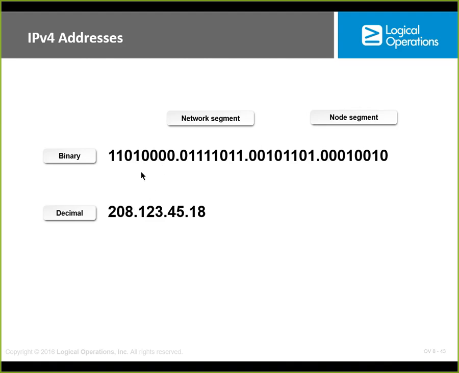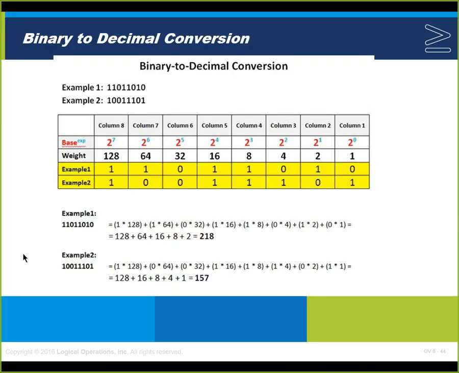Each of these numbers is going to have 8 binary bits in it. The way we get there is in binary, as in all numbering systems, we have placeholders. The weight here, as we go from right to left, from the least significant to the most significant digit, we can go by powers of 2, or we can multiply by 2.